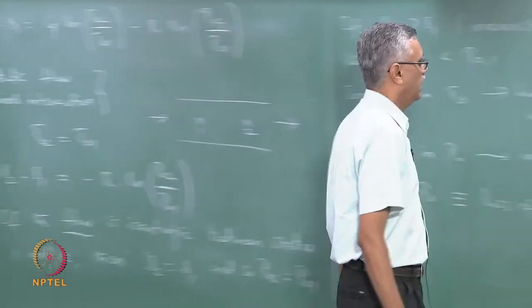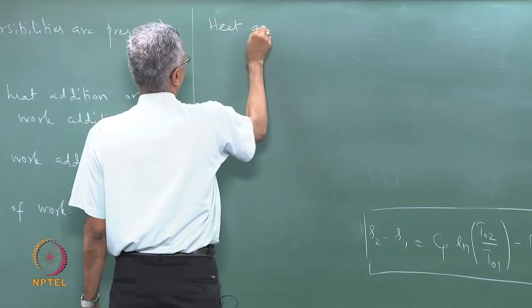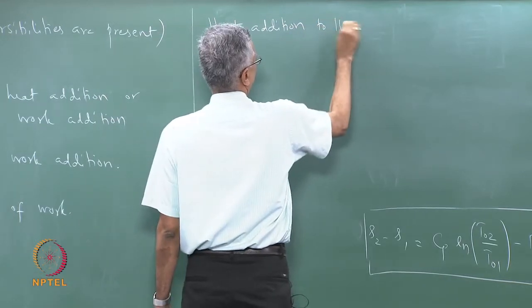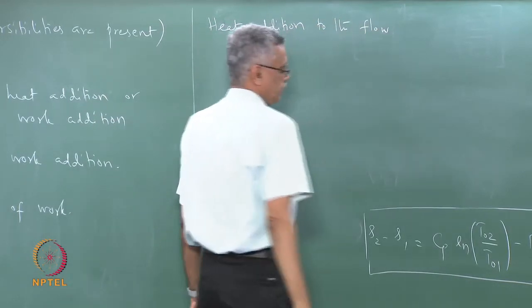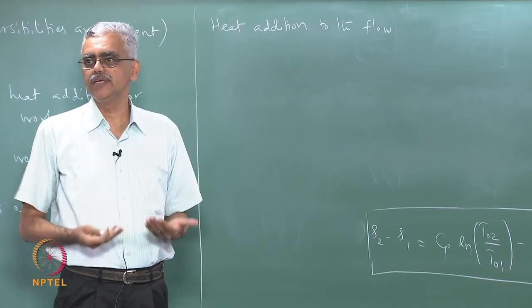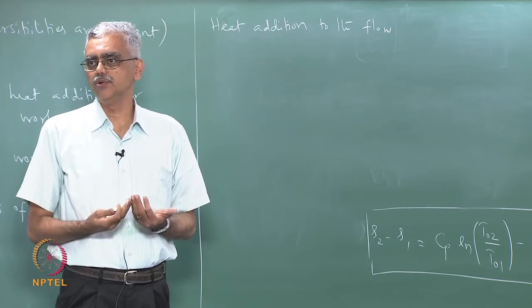What happens if you add heat? So in the case of heat addition to the flow, heat addition to the flow must cause an increase in entropy, right? S2 will be greater than S1 because we are adding heat to the flow. The increase in entropy is not due to irreversibility.